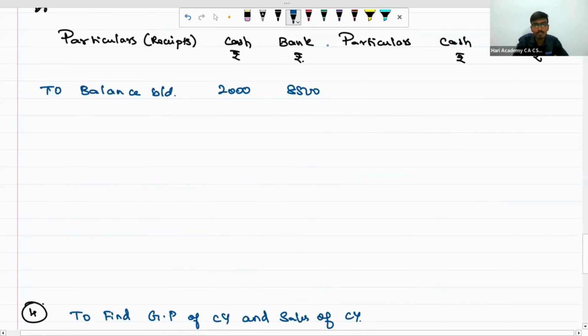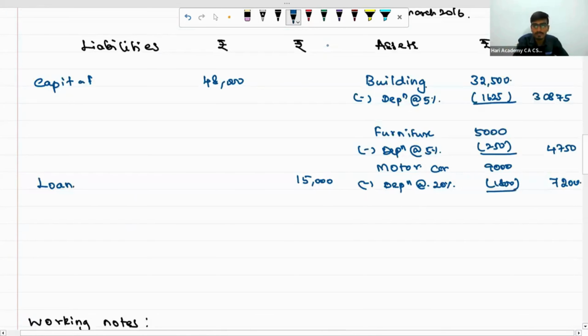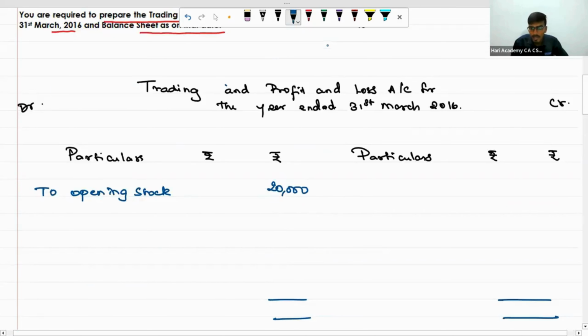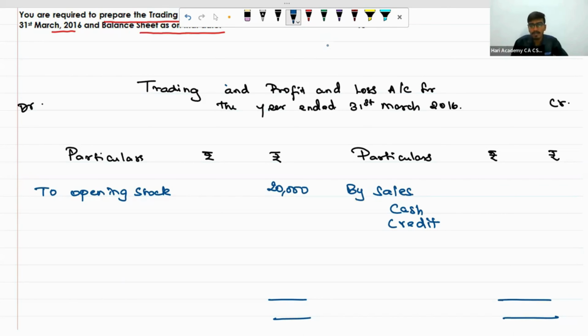Just go and do the posting. Write down by sales. Here write down cash, here write down credit. You will split up and write. Your answer key may give a full value, but you will split up and write 36,000 and 1,44,000.